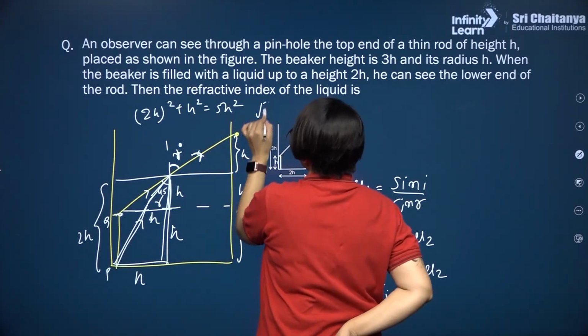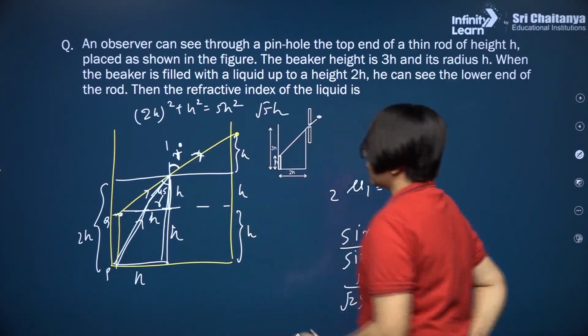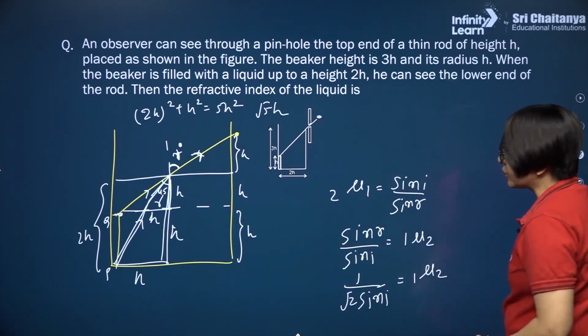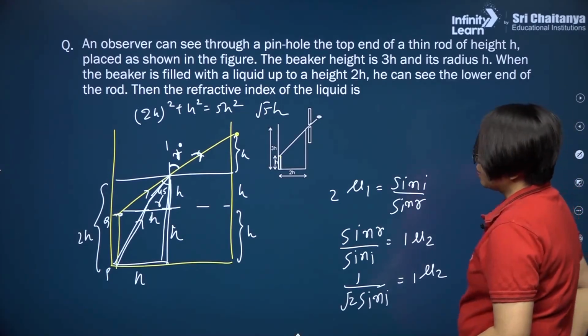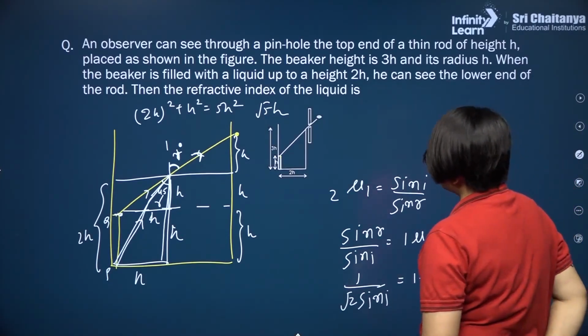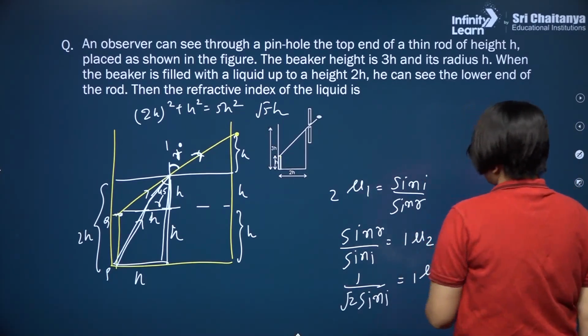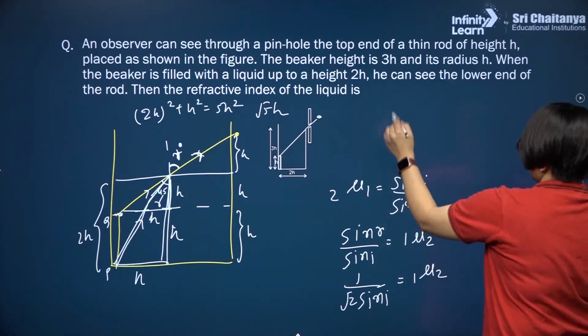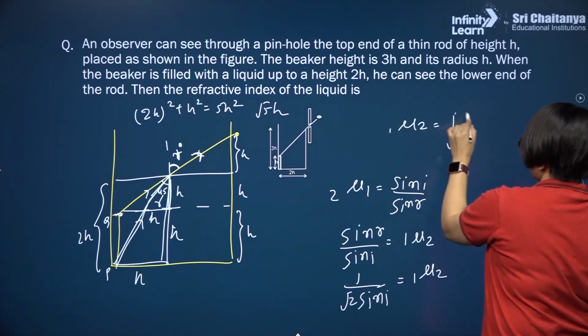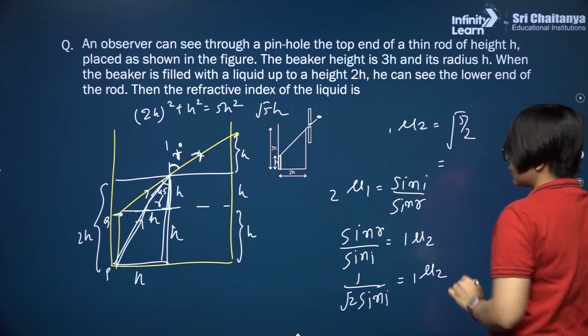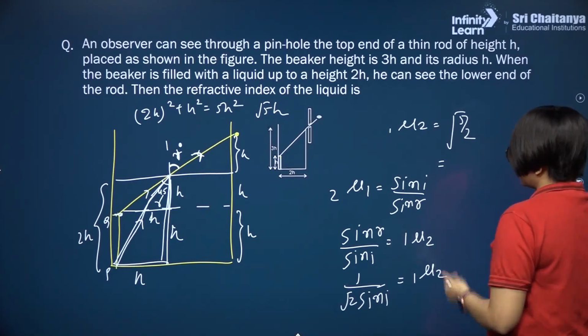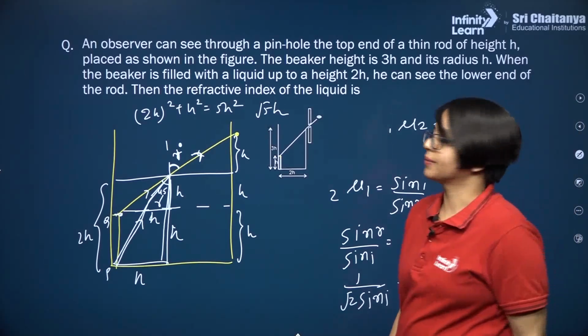So under root 5h is the hypotenuse value. So sine I will be perpendicular divided by hypotenuse. So it is h upon under root 5h, which is 1 upon under root 5, right. So 1 mu 2 will be under root 5 by 2, that is 1.25, which is approximately 1.58. So that is your answer.